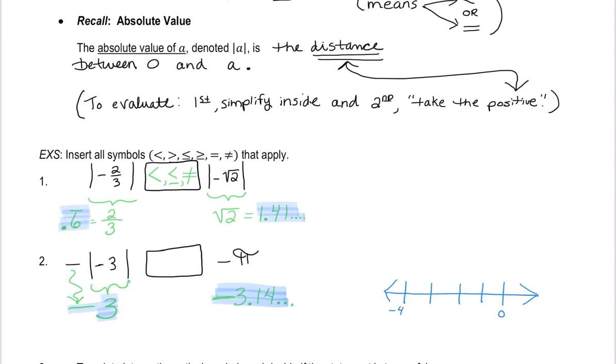So here's -4, -3, -2, -1. Just a pretty basic number line here. First I have this number -3. So here is my -3 right here.